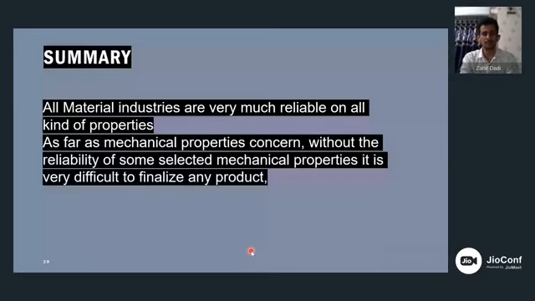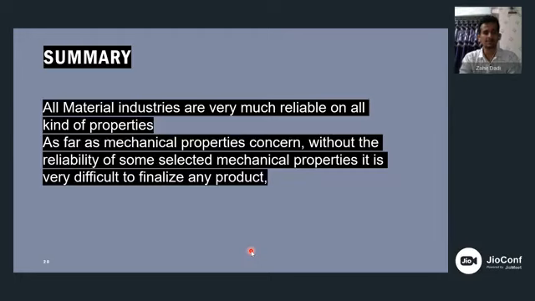After studying these three properties, I would conclude that in our industries, in particular for mechanical properties, these three properties have a very huge impact. Mainly, these three properties are relied upon to finalize the product if we are talking about mechanical properties.